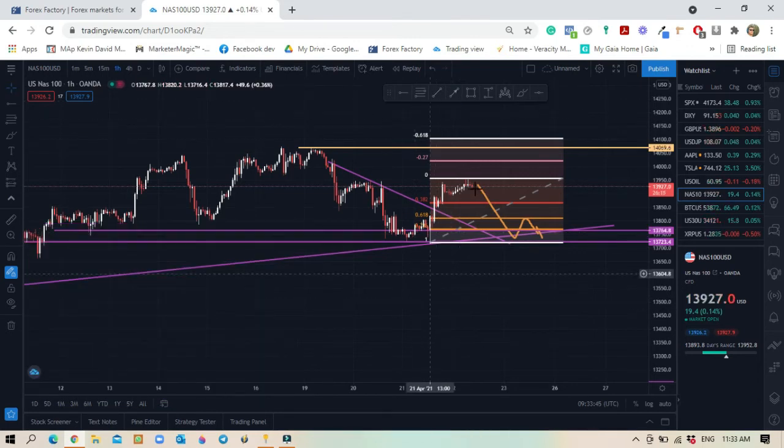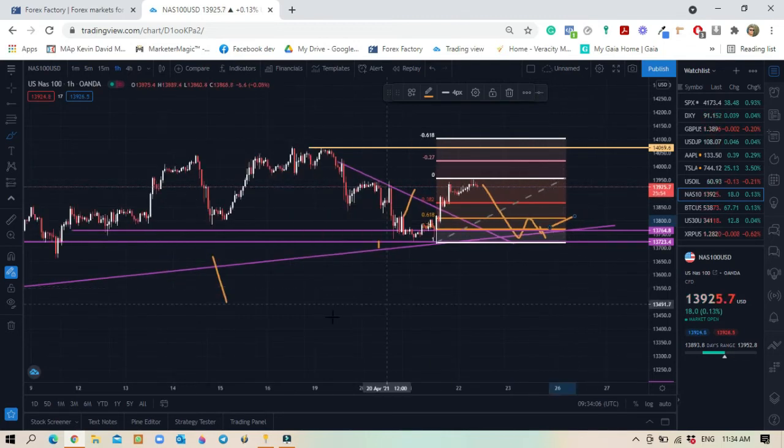Now my confluences are, I'll show you now. We have first trend line break, okay, support structure, trend line, Fibonacci golden zone. 1, 2, 3, 4. 4 reasons. You need a minimum of 3 to enter a trade. Once you have that, you can feel confident that you should enter the trade.